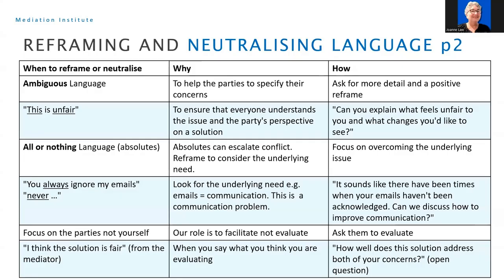It's a form of communication, so this may be a communication problem. We might say something like, "It sounds like there have been times when your emails haven't been acknowledged. Can we discuss how to improve communication?" Or something to that effect. So we're flipping away from the blaming, all or nothing thinking, to thinking about, okay, there's a problem with communication. How might that be resolved?